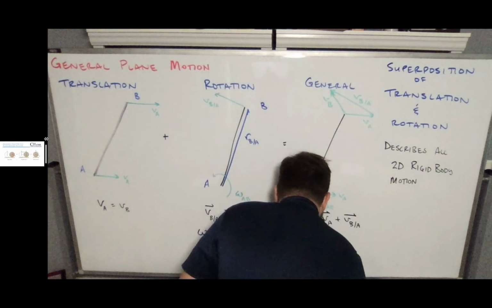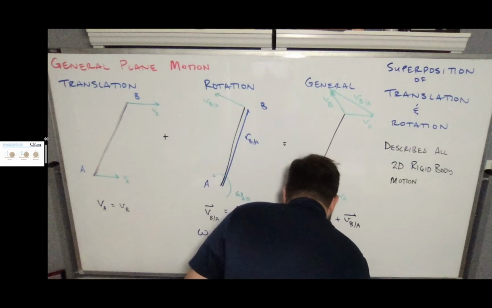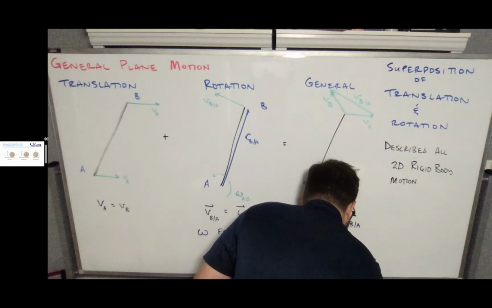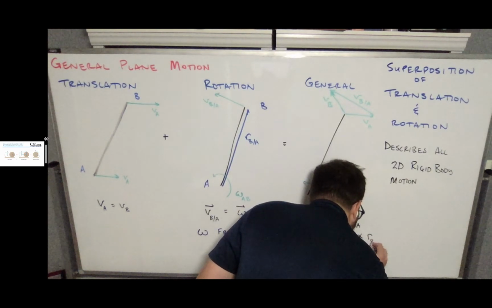So our velocity at point B is equal to the velocity at point A from the translation diagram plus omega AB cross r B with respect to A.